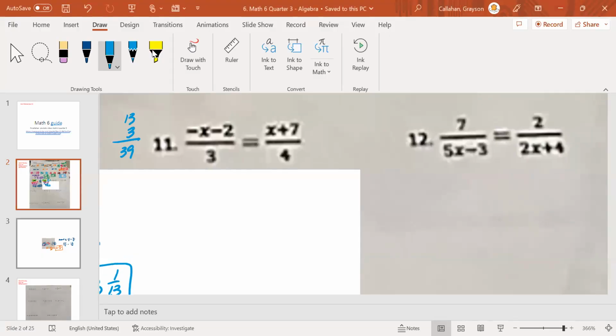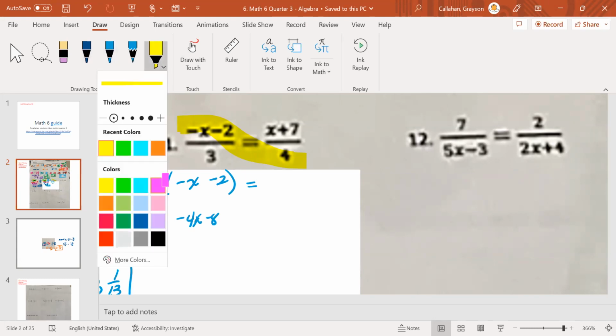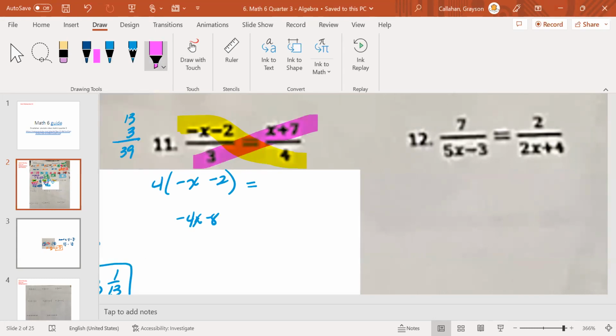Okay, let's take a look at number 11. So for number 11, you're going to go ahead and multiply this part right here, which is 4 times negative x minus 2. If you distribute that, it's negative 4x minus 8. Then you're going to multiply that with this part right here diagonally, which is going to be 3 times x plus 7.